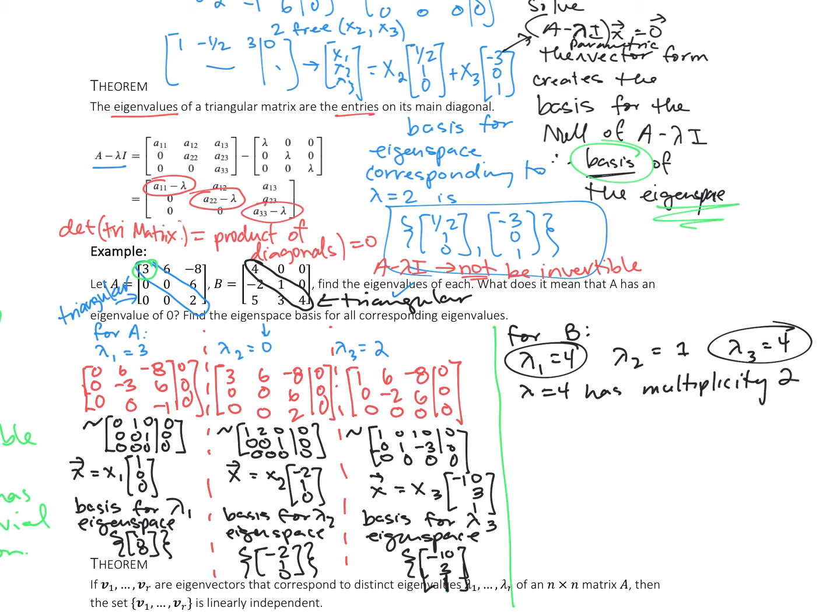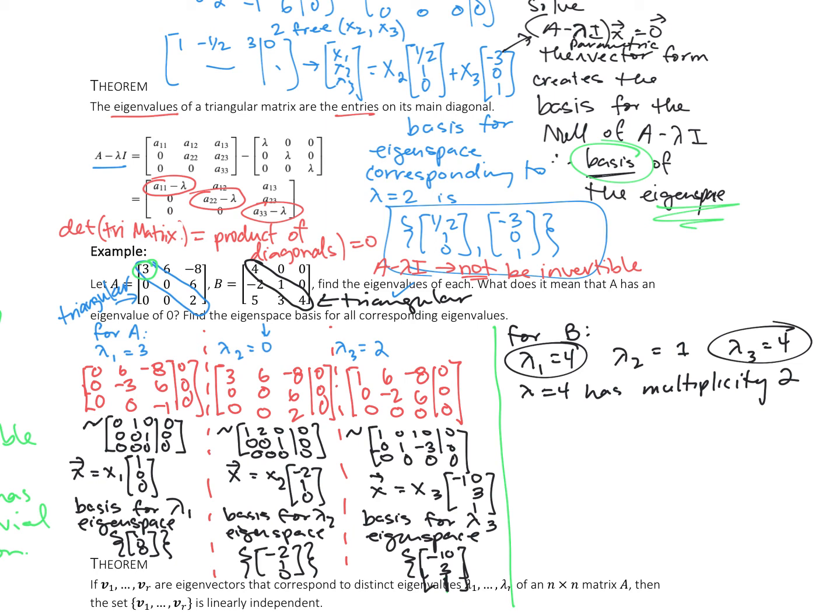And this will make a little bit more sense about why it's true in the next section. But if you think about the fact that I have a 3x3 matrix, there's really only going to be 3 eigenvalues. We're going to explain this in the next section.